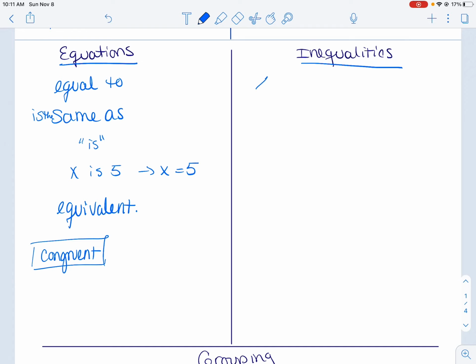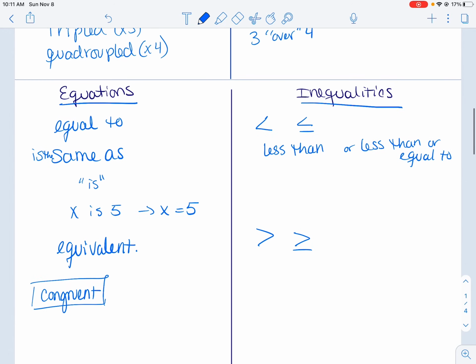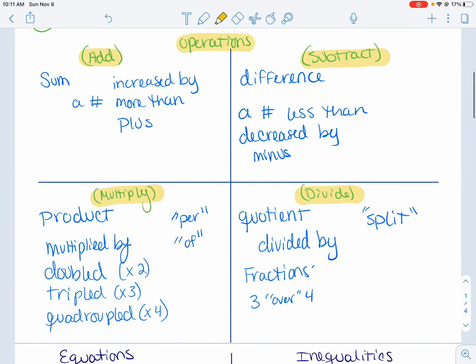Inequalities. Well, we know we have less than or equal to, greater than or equal to. So it's important that we are careful about the wording, because we also said that less than could potentially be subtraction. So there's a difference here.